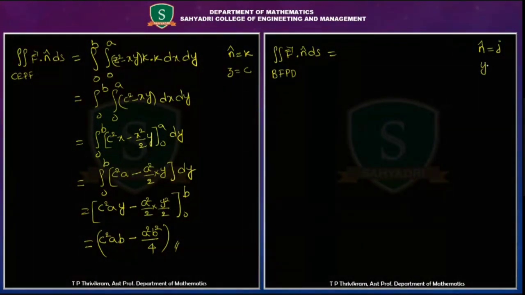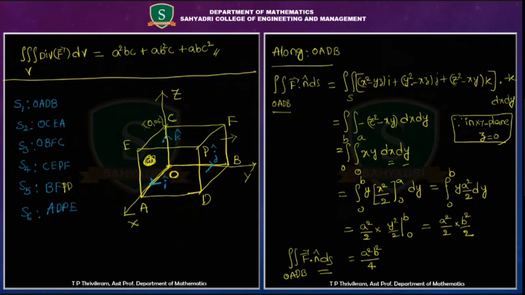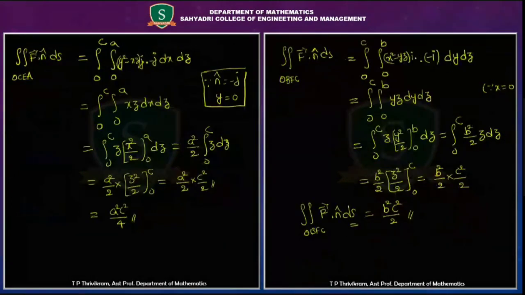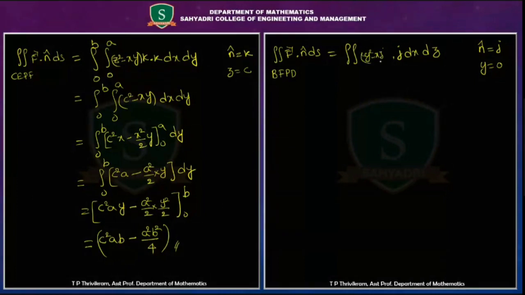Y will be 0. Okay. So double integral, XZ means dx dz will come. Okay. So here j will be there. Dot j component you have to write. So j component is y square minus xz into j. Okay. So limits are from 0 to a, 0 to c here.